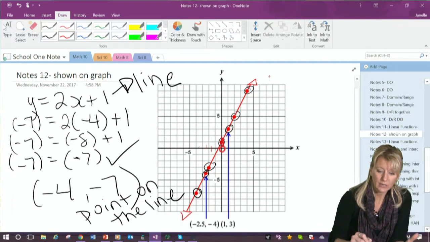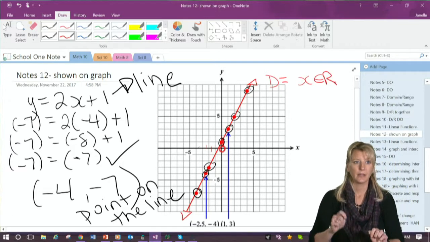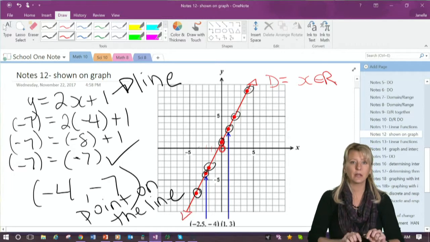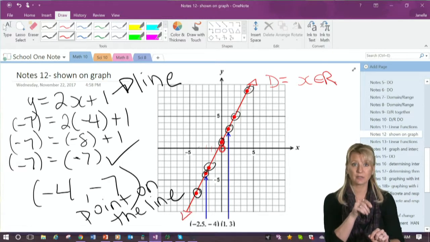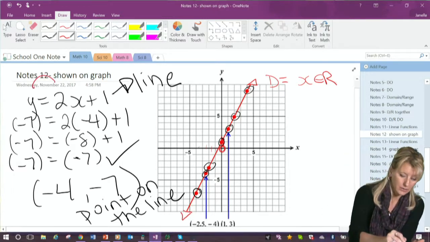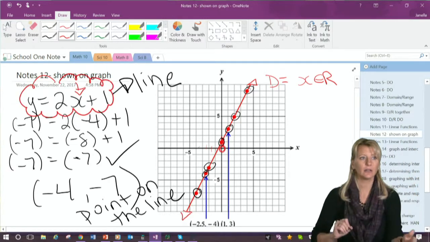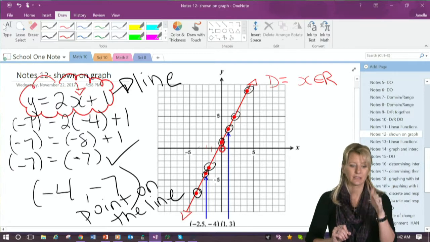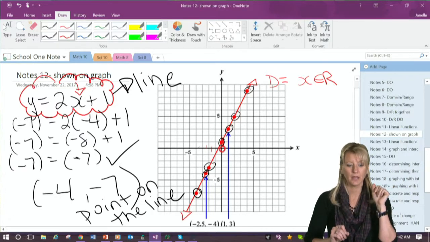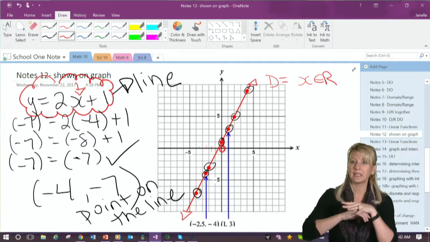So the domain equals x, all real numbers. It is going to be any single number that you can plug into this equation. Any x value that you put in there, you're going to get an output, and it's going to be on that line. So that means that x can be any single number.